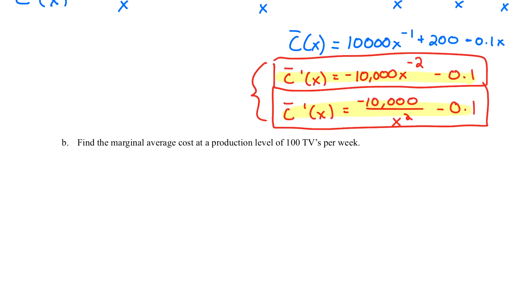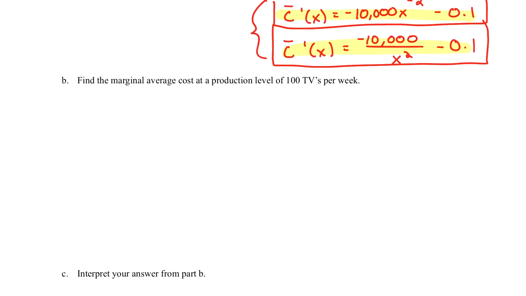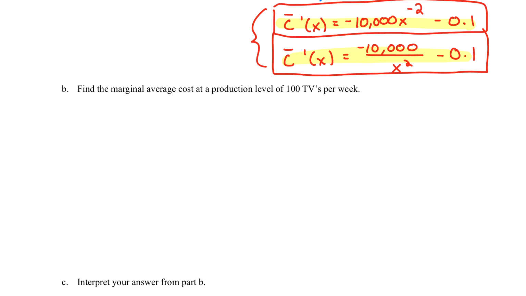For part B, again, it says find the marginal average cost at a production level of 100 TVs per week. So I'm going to take 100, and I'm going to plug that in for our x value. C bar prime of 100, well, this is negative 10,000 divided by 100 squared, minus 0.1.